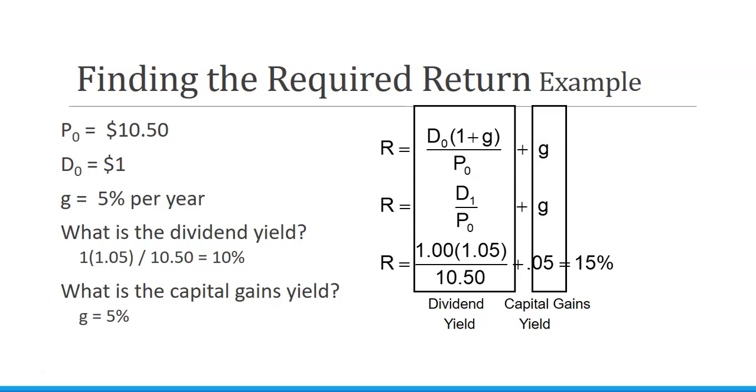Our capital gains yield is 5%, which is the growth. So our rate of return is the dividend yield plus the capital gains yield, or 15%. It's just another way to calculate out what the required rate of return is.